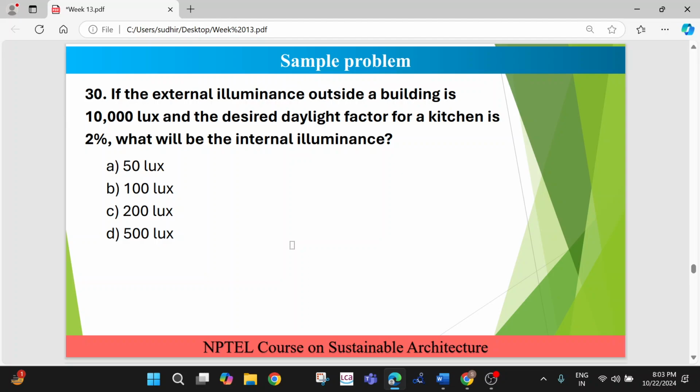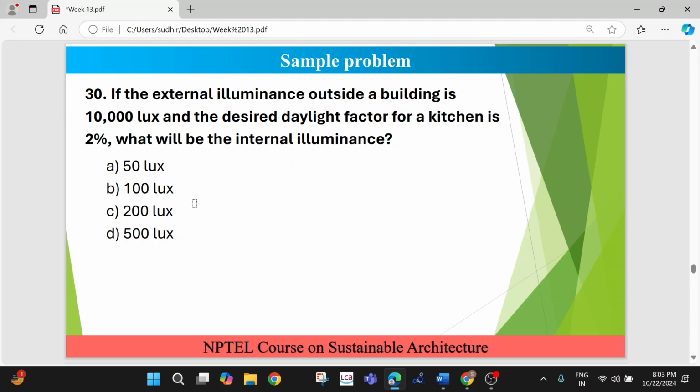Similar kinds of questions we have solved in the sample problem as well as in the assignment. So try to apply the correct formula and answer correctly. Otherwise, we will discuss it in detail if any of you have a query for question number 30.